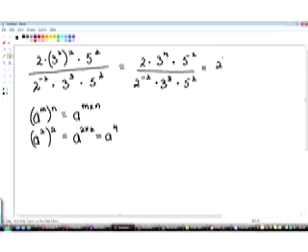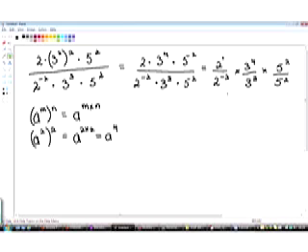So we get 2 to the power 1, the 1 is understood, over 2 to the power minus 2, multiplied by 3 to the power 4 over 3 to the power 3, multiplied by 5 to the power 2 over 5 to the power 2.